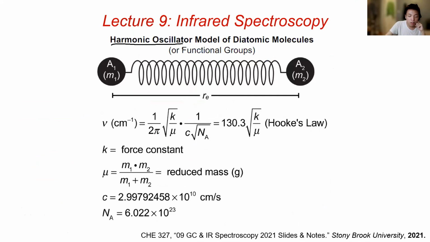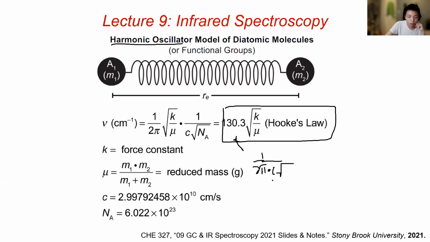So for the harmonic oscillator, you guys just have to know how to operate around this part of the formula. And we got that from 1/2 pi, times the light speed in centimeters, and the square root of Avogadro's number.